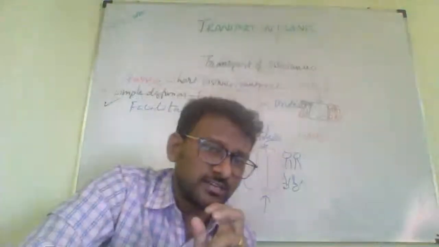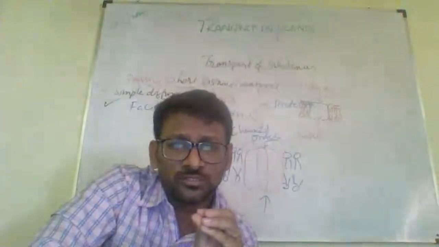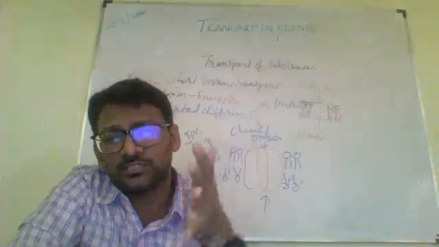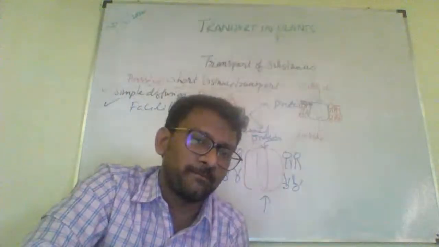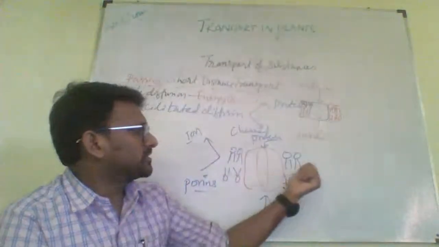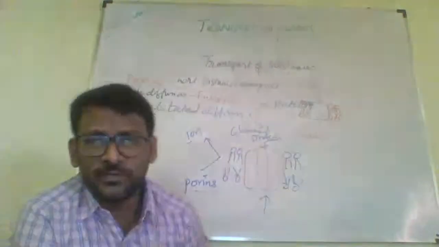Here you need to understand that these hydrophilic molecules cannot really pass through the plasma membrane, because the plasma membrane is made up of hydrophilic heads and hydrophobic tails of the lipid molecules.